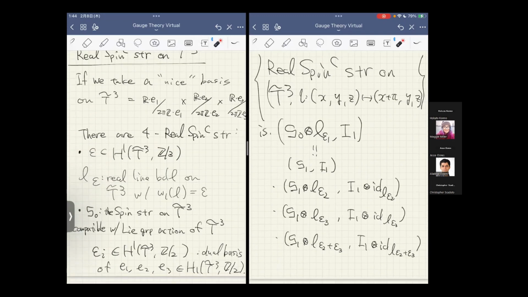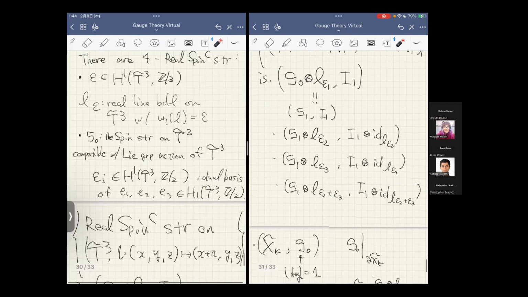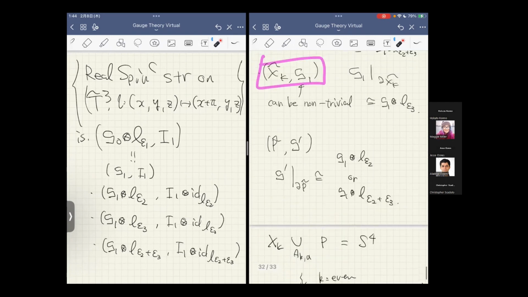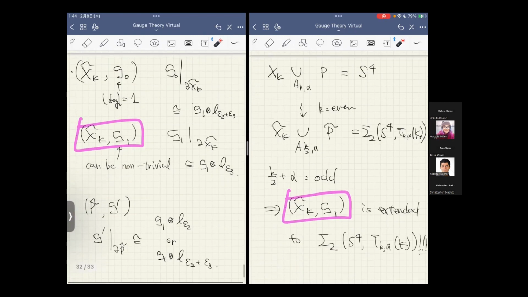Here is a little bit technical explanation, and the conclusion is that if this pasting map satisfies these conditions, then we can extend this real spin^c structure to this four-manifold. Then we have a non-trivial invariant.